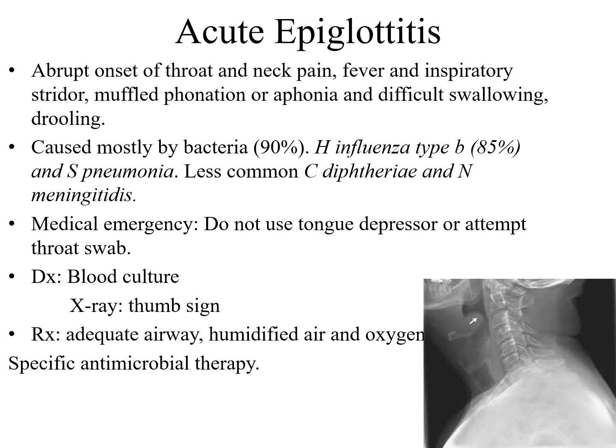He might need to have an airway inserted in order to ensure maintaining the airways open, then giving oxygen and humidified air, and then starting the patient on the antimicrobial therapy against Haemophilus influenzae type B.